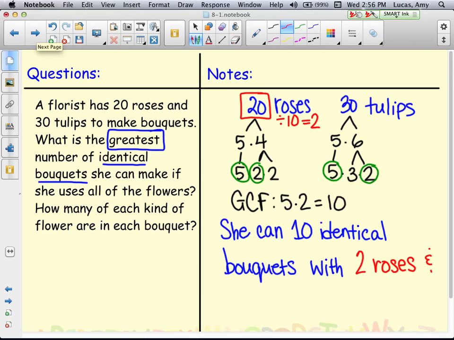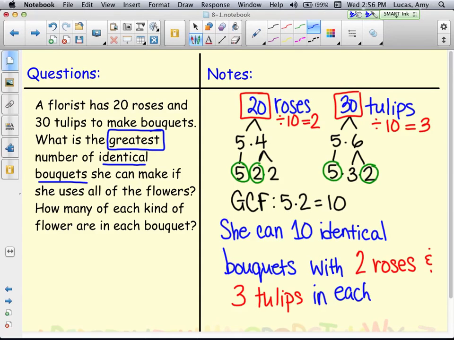And if I have 30 tulips divided into 10 bouquets, there would be 3 tulips in each. So 10 identical bouquets, and each bouquet of flowers has 2 roses and 3 tulips in it. And then she's used all of her flowers, and she's made bouquets that look the same. Because you would not want to have people fighting because their bouquets didn't look the same, especially if she was giving them to 10 friends.